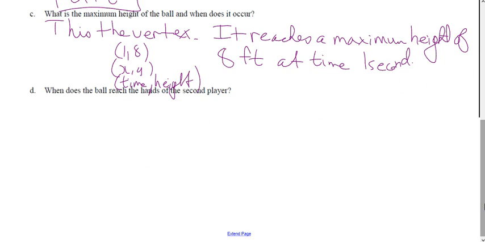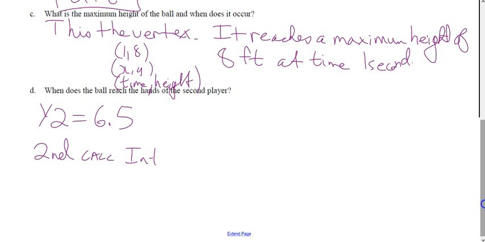Okay, when does the ball reach the hands of the second player? 1.5 seconds. So y2 is equal to 6.5. Second calc intercept. Okay, and you get x equals 1.5.